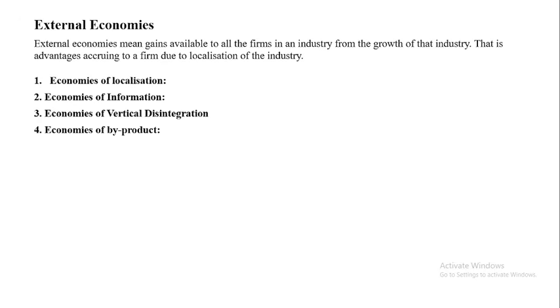Then third one is economies of vertical integration. When firms are located in one particular area, or when there is growth of the industry, there will be the establishment of subsidiary industries. Subsidiary industries to this industry means industries that may supply certain things which are required by the industry.